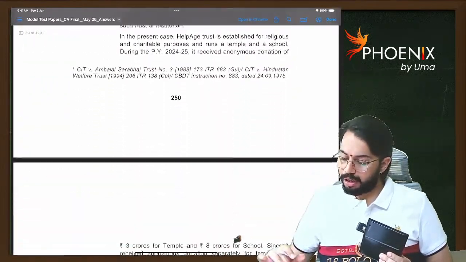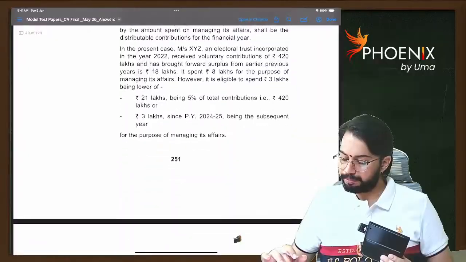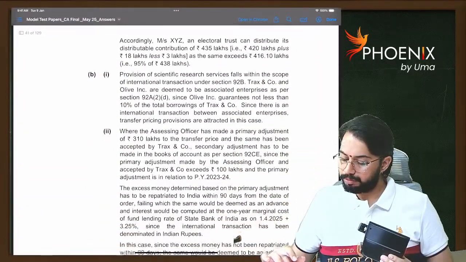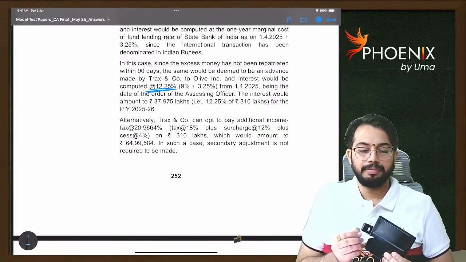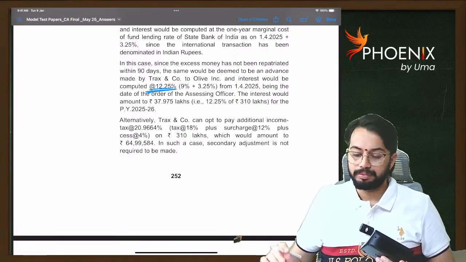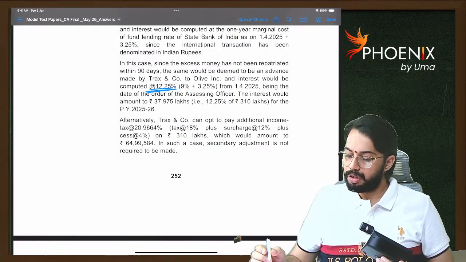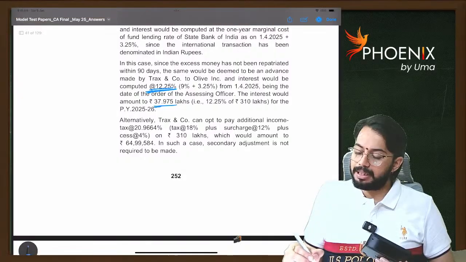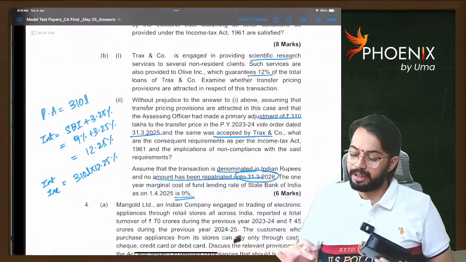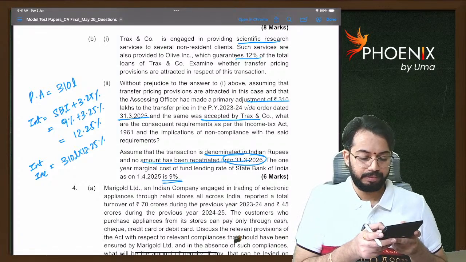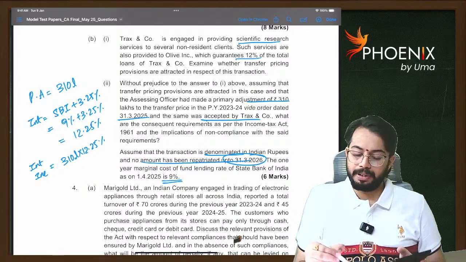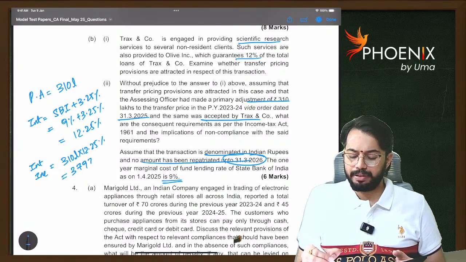We can cross check also. Interest income is 37 lakh 97,500. 310 lakhs into 12.25%, 37 lakh 97,500.